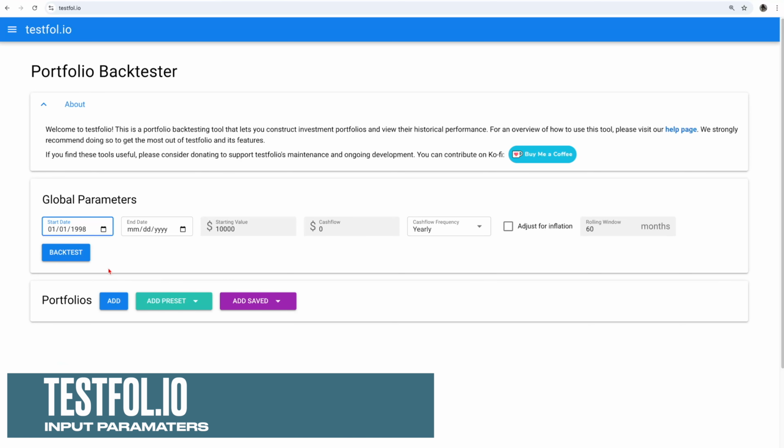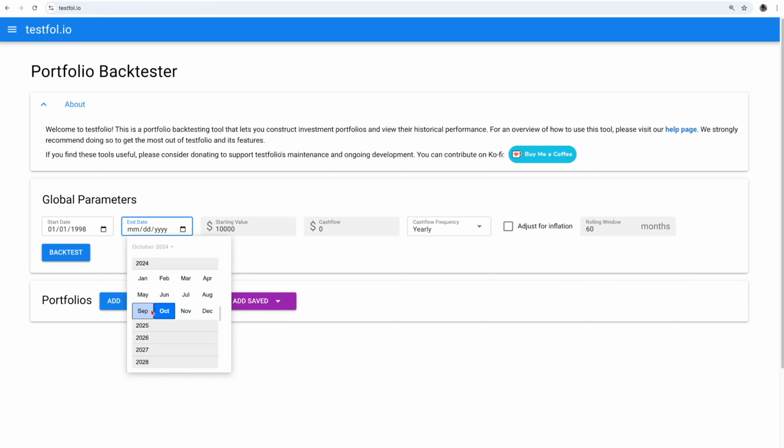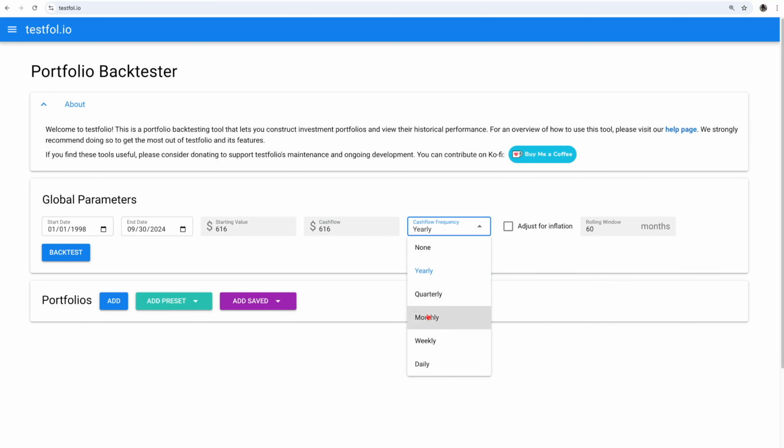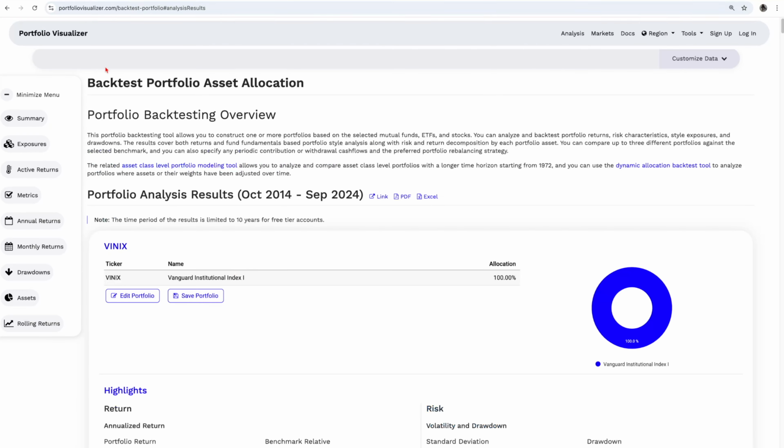Let's go to January 1st, 1998. Let's end it in September, end of September. Starting value is 616. Cash flow is 616. Contribute monthly. Leave that unchecked for inflation. Click on add for the different ticker symbol.